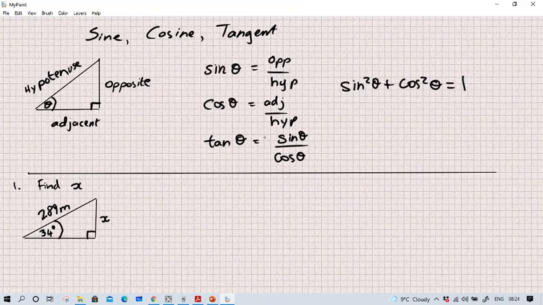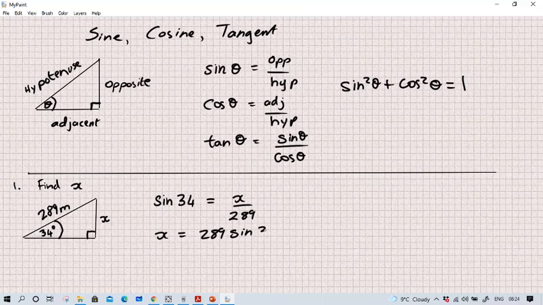Well, we can use, in this instance, sine theta, so sine 34 equals x over hypotenuse, 289. So with cross multiplication, we can say x must equal 289 times sine 34. We'll take the calculator to calculate that.